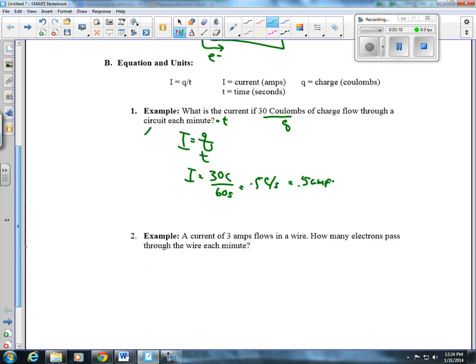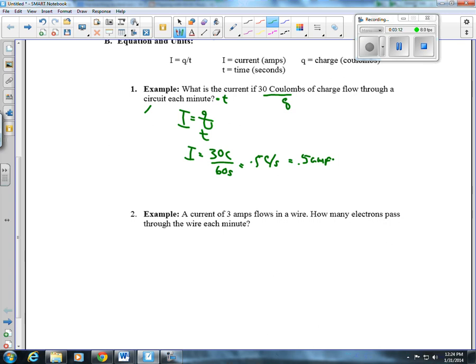Next example, a current of 3 amps is flowing through a wire. How many electrons pass through the wire each minute? So let's write down the givens. I'm given I is equal to 3 amps. T is 1 minute. And my unknown is number of electrons.